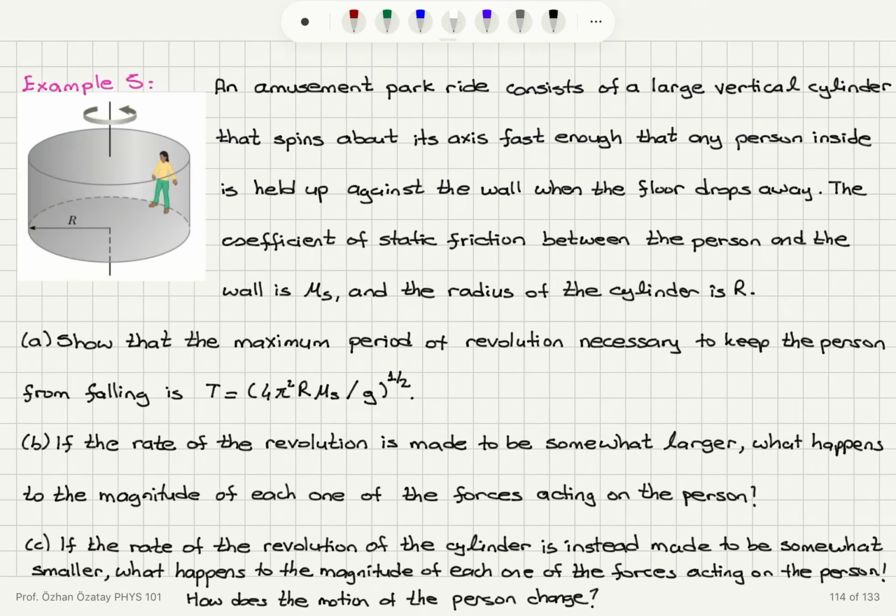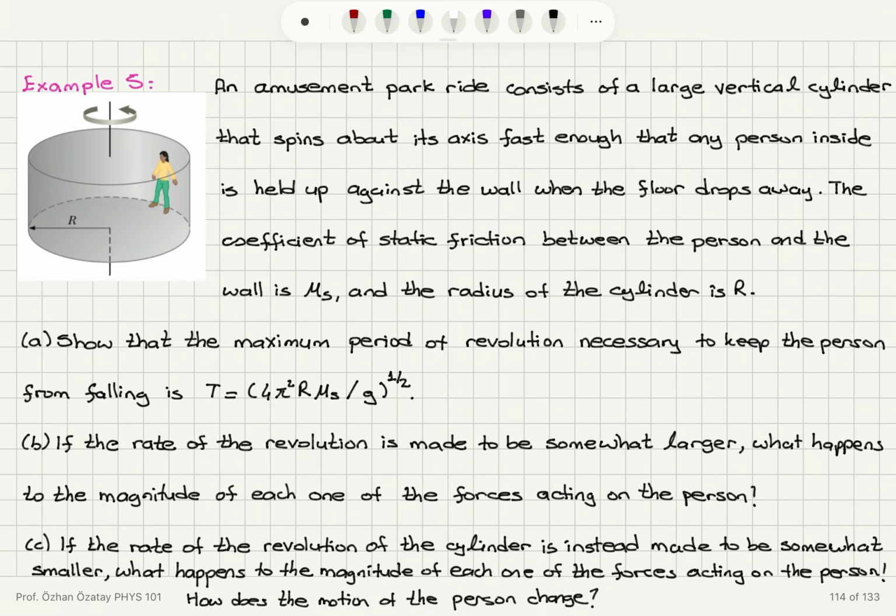Okay, so in this example, we have an amusement park ride. This person gets inside the cylinder. The cylinder starts spinning about its vertical central axis, and the floor drops away. Now, what should be the maximum period of revolution, or equivalently the minimum tangential speed, I need to have to keep this person safely held against the wall?